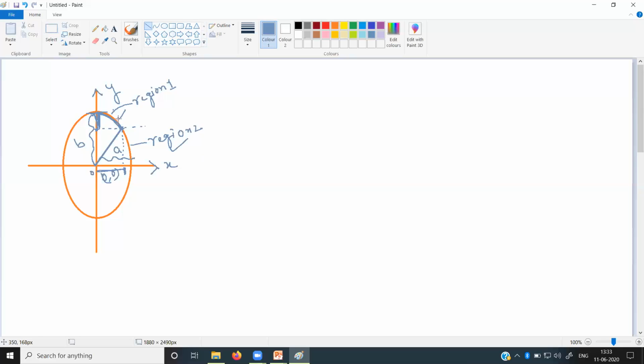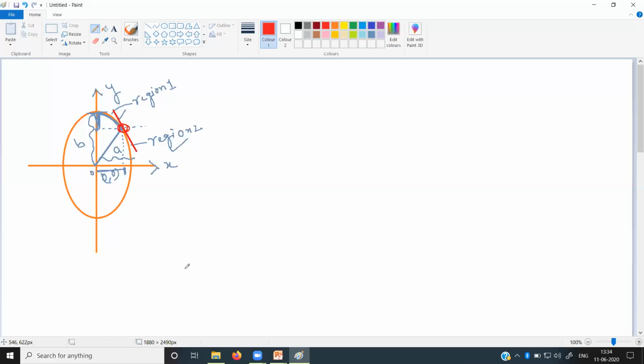Now, there is another important thing. If you draw a slope, a line segment like this one, you can see this line segment will touch this particular point, where the curve in the first quadrant is divided into two halves.